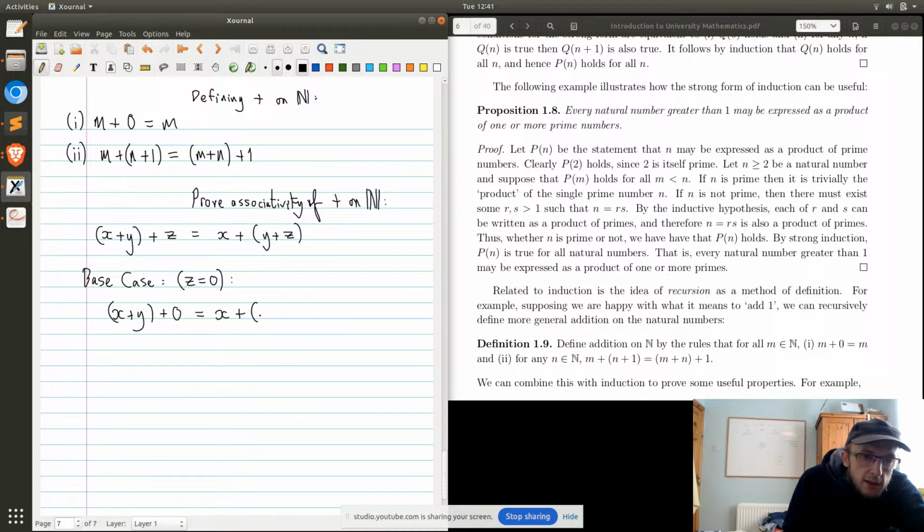Is this true? Well, that's a natural number, and I'm adding 0 to it. So it's just the natural number itself, isn't it?